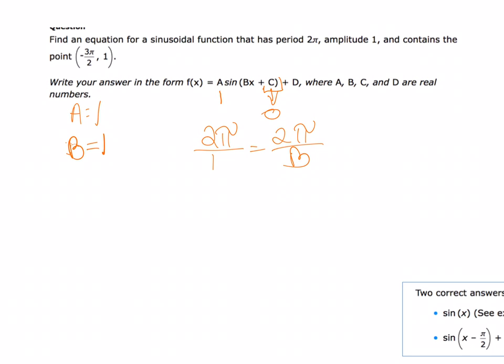So let's go ahead and set this up. We've got 1 sine, and then we're going to insert our x and our y. Our y value here is 1, and our x value is going to be, let's see, we've got a 1 here, and we're going to have negative 3 pi over 2.